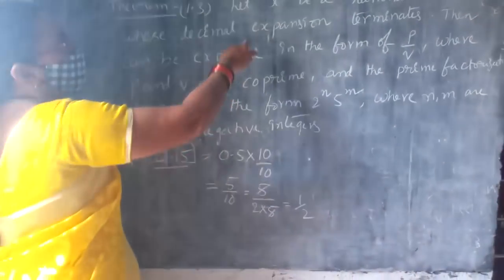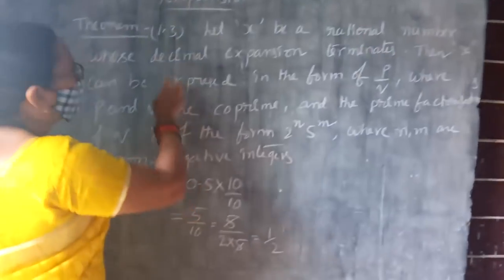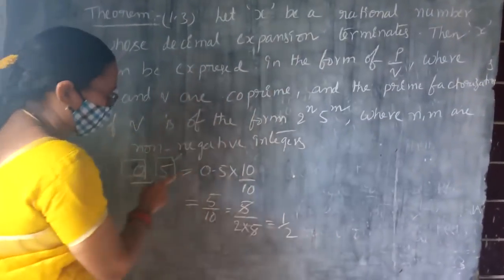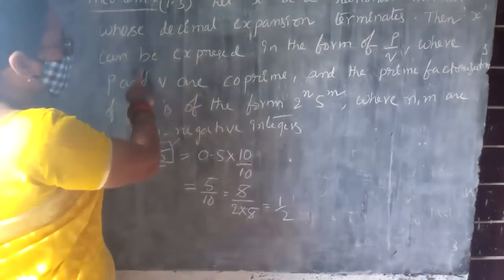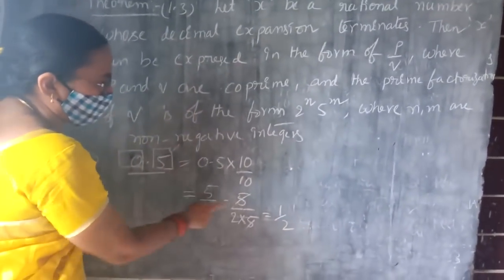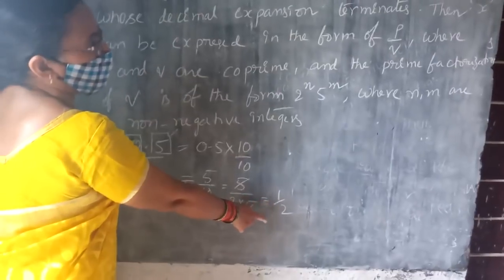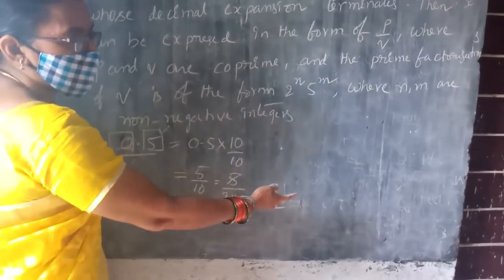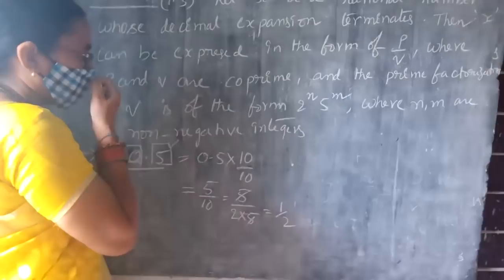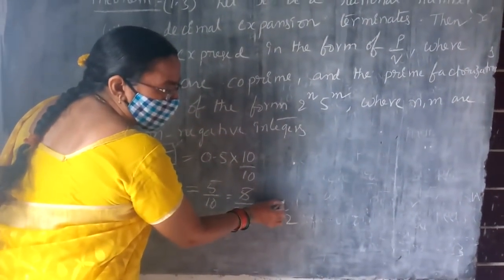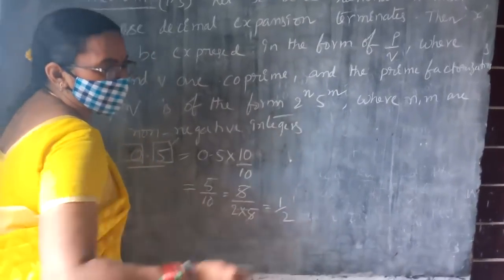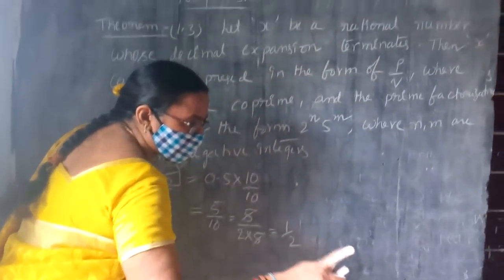See once again the statement. Let x be a rational number whose decimal expansion terminates. This is a terminating decimal. Then x can be expressed in the form p by q, where p and q are coprimes. Here p and q have only one common factor, that is 1.